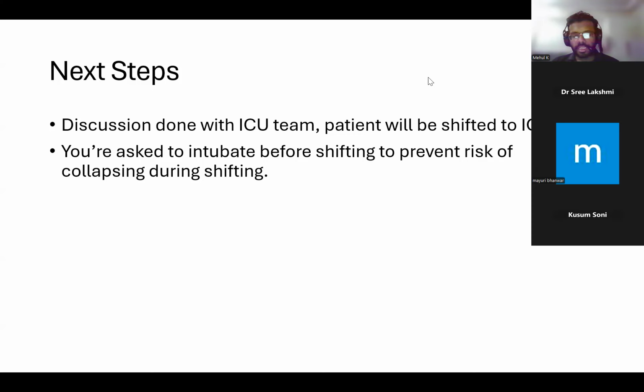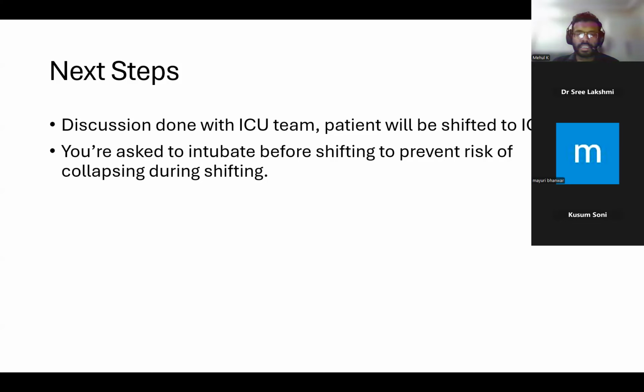Yeah. So basically, if you're going to shift the patient, it's a better idea to secure the airway before shifting, but with the caveat that you have to be careful about post-intubation worsening hypotension and the patient going into cardiac arrest.